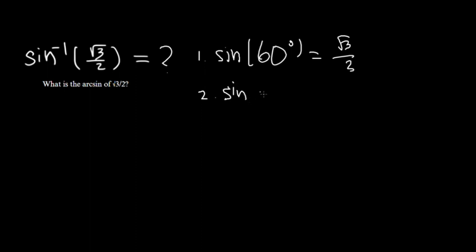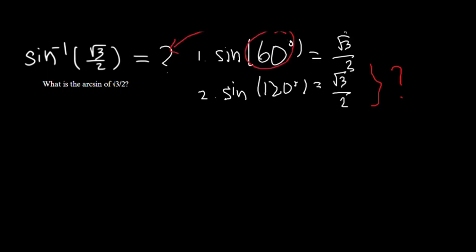And next is of course sine 120 degrees, which is nag-equal sa square root of 3 over 2. Okay, anong gagamitin natin dyan? Obviously, ang gagamitin natin dito ay 60 degrees. Why 60 degrees and why not 120 degrees?